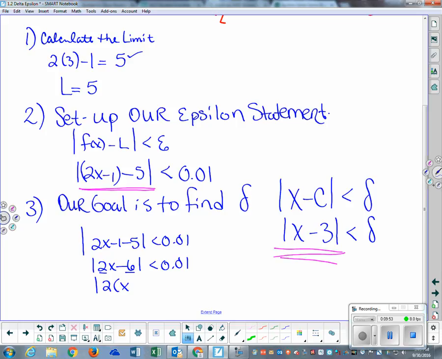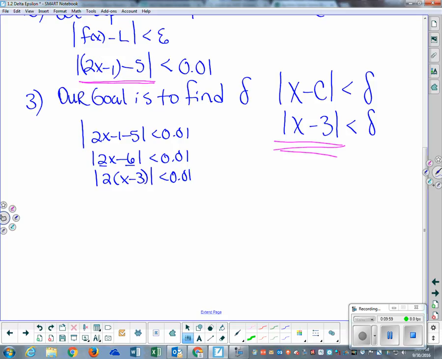So we GCF that 2, and I have the absolute value of 2 times x minus 3. If I pull out the 2, I would have absolute value of x minus 3, and that's a match. And we can bring the 2 out front as a positive 2, since it would have been absolute valued, and it was 2 anyway.